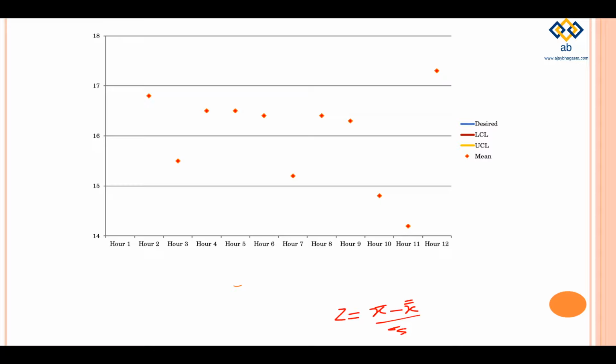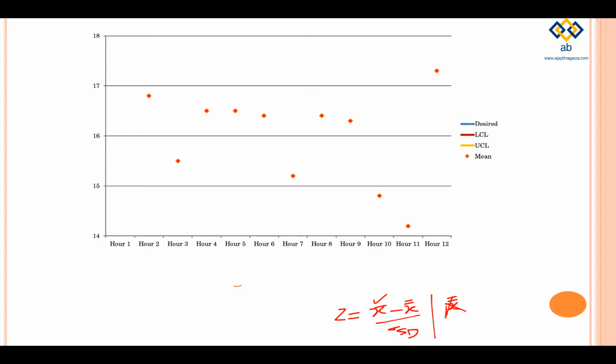Now we are interested in calculating this. So solving this formula, what we will get is X double bar. Sorry, X bar. It is not X double bar. I am crossing it out.